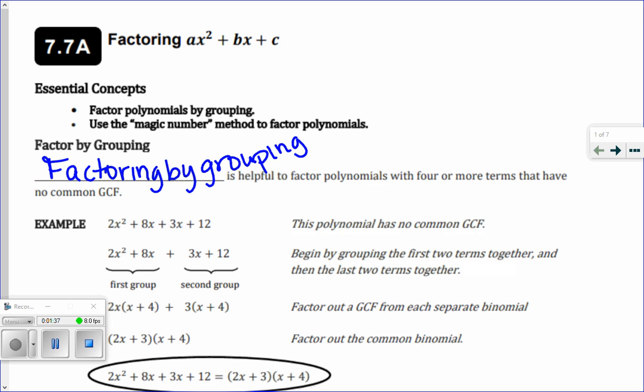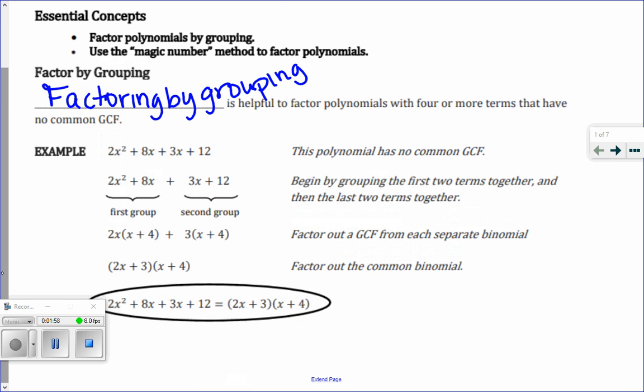We're going to get to the trinomials in just a moment, but first we're going to talk about 4-term polynomials, right? If we have a polynomial with 4 or more terms and they don't have a GCF, we always look for that first, then the next step is to attempt this particular process called factoring by grouping. And you have a nice example of how you go about that.